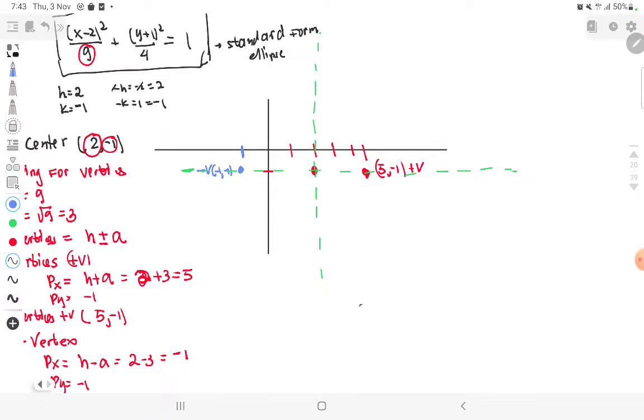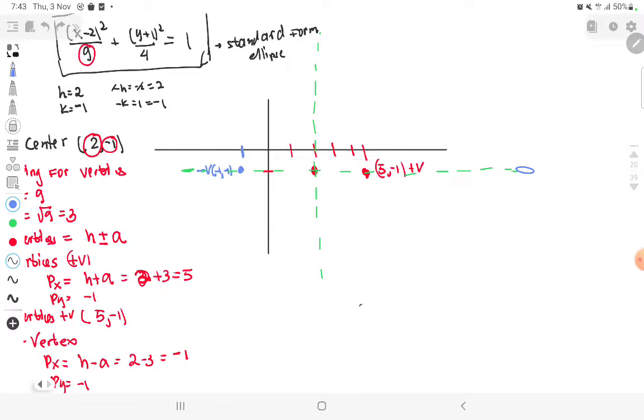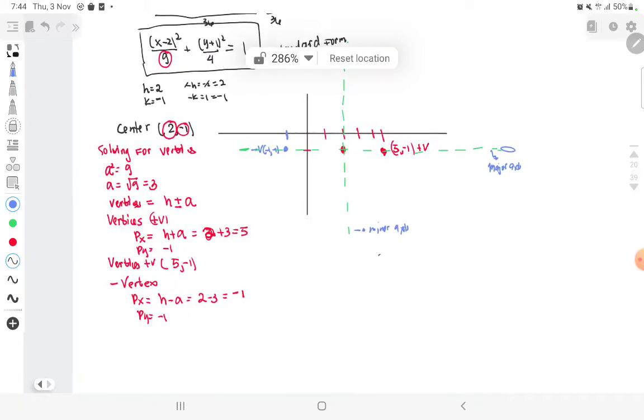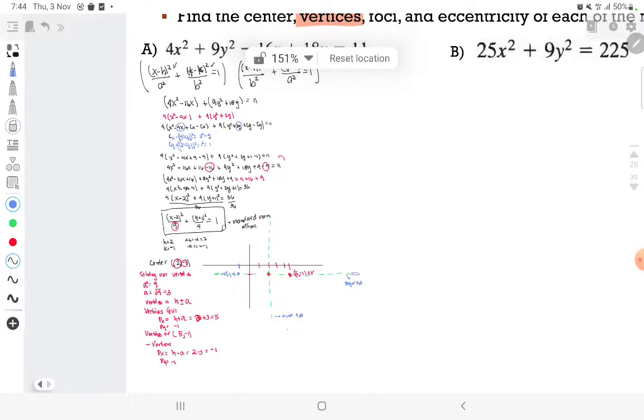So this is my major axis, and this is my minor axis. Okay, next, that is for my vertex. Take note, for the vertex, it is the major axis. For the co-vertex, this is the minor axis. So I have my vertices. We already solved for the center of this equation.